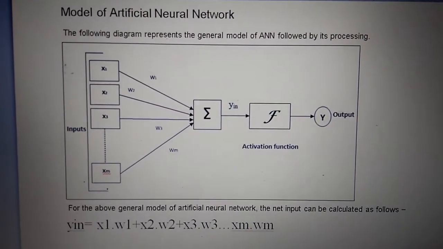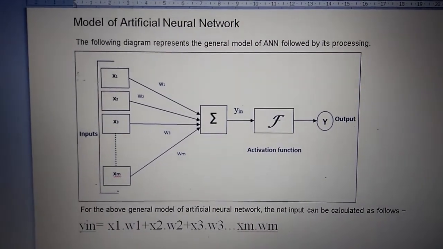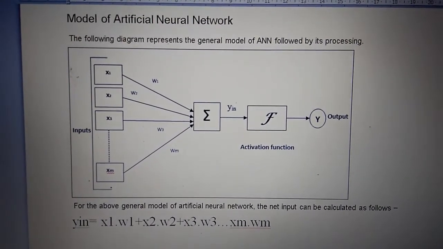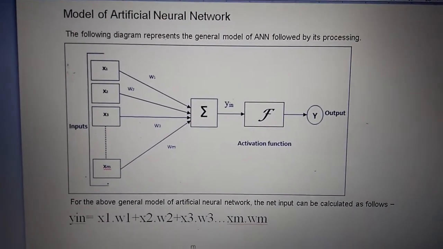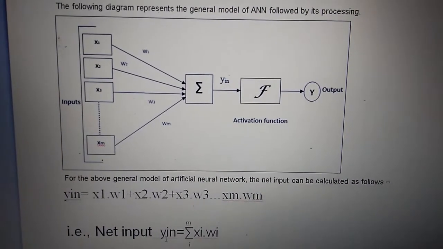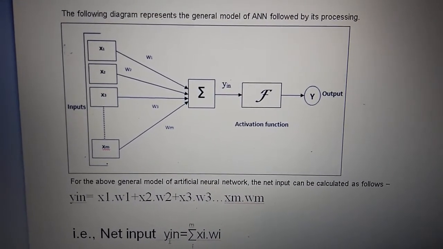So, how do you calculate the summation? Summation is nothing but the input to y. So x1.w1 plus x2.w2 plus x3.w3 up to xm.wm. We write it as net input equal to y_in, because all these are the input nodes.